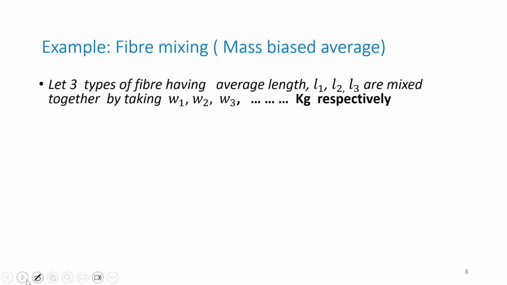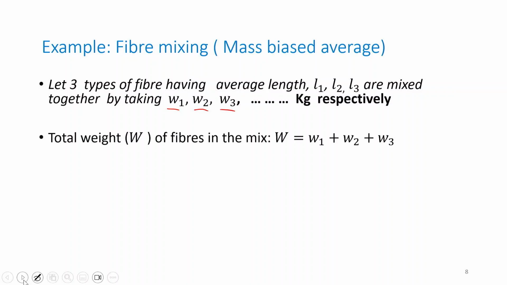So fiber mixing. Suppose say that three types of fibers are to be mixed and their average lengths are L1, L2, L3. And the weights that we are taking are W1, W2, W3. That is W1 kg of L1, W2 kg of L2, W3 kg of L3.